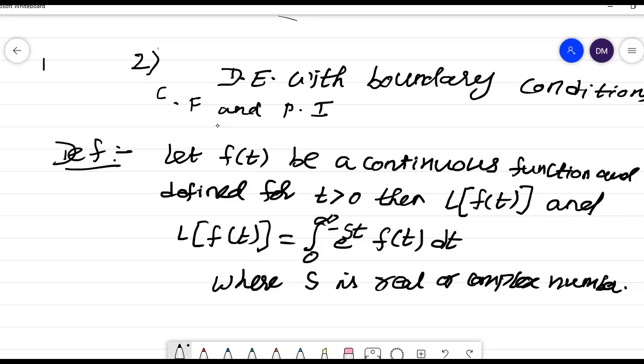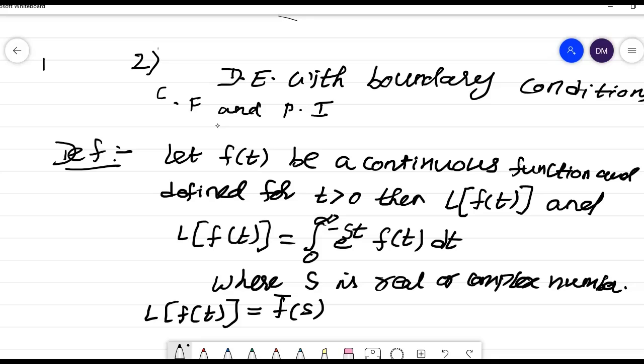Right? So here L of f of t is a function of s. So it can be written as L of f of t is equal to f bar of s.